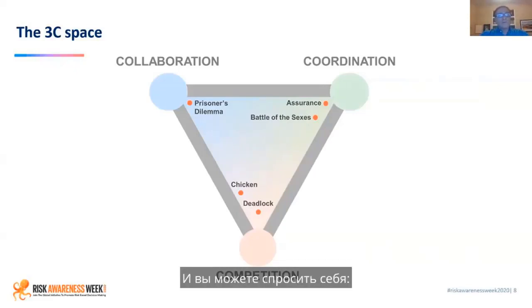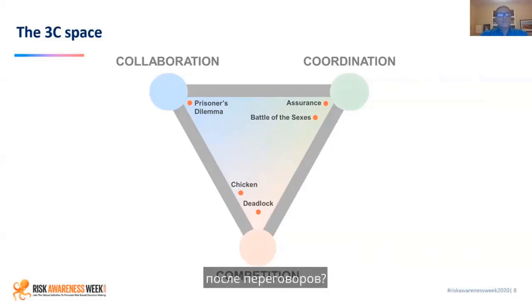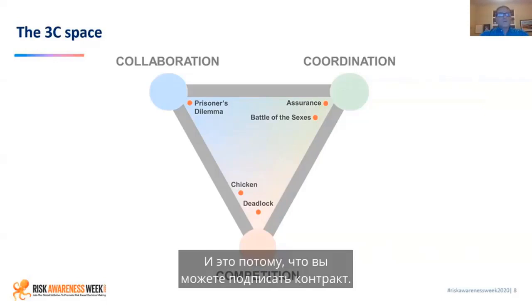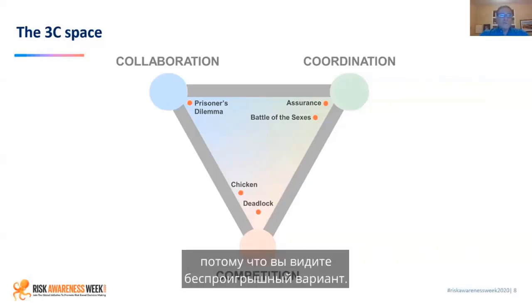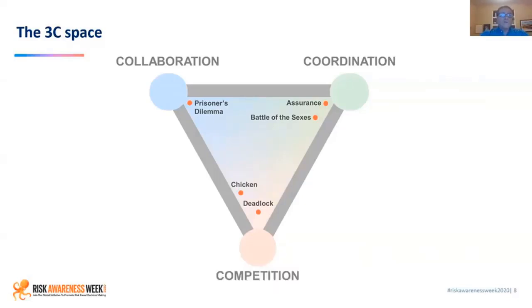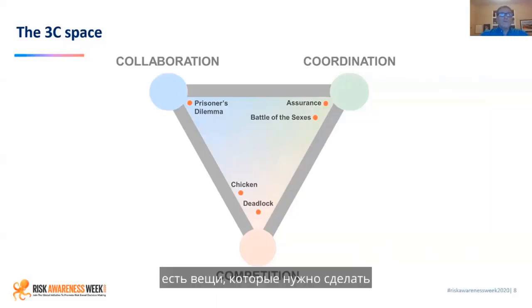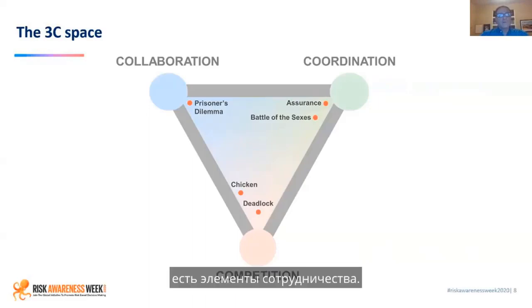Now, you may ask yourself, well, we typically sign some sort of contract after we negotiate. True. You would go into the negotiation because you see the win-win, but once the agreement is signed, there are things that have to be done by each of the parties in order for everything to work out. So there are elements of collaboration in most sorts of negotiations as well.